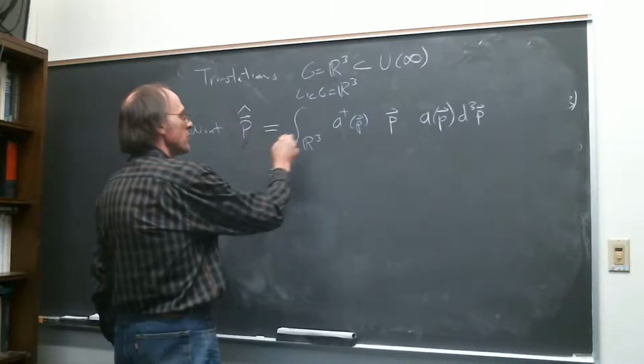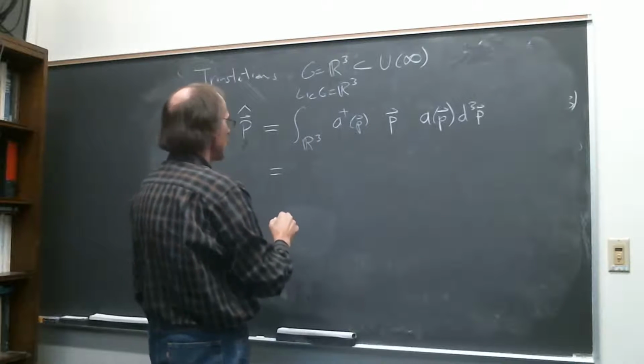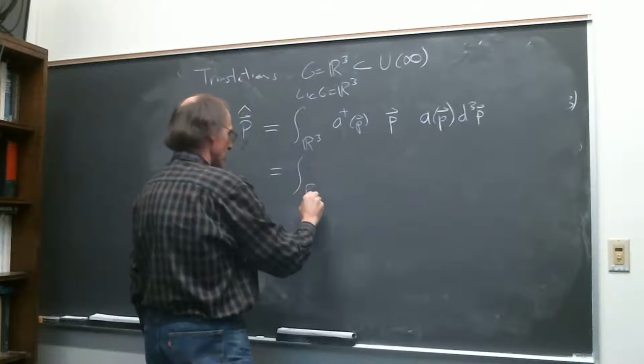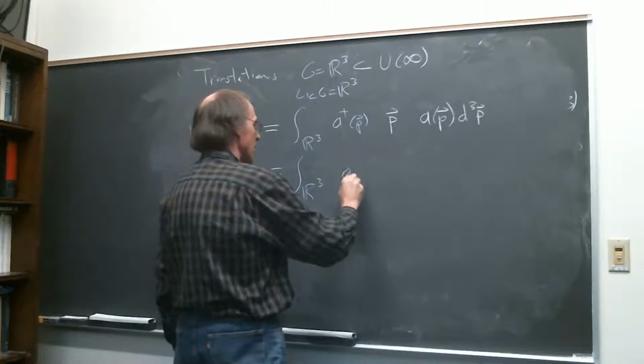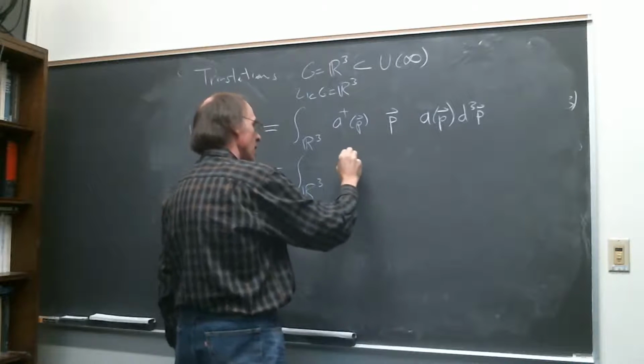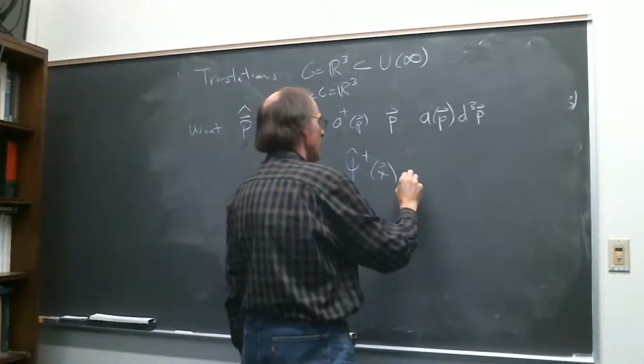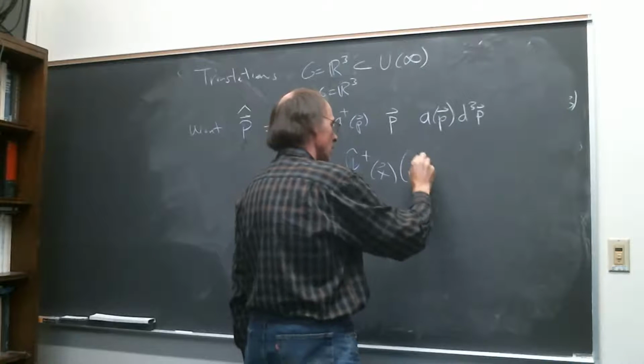Or if you Fourier transform this, it's going to be x vector, and then there's going to be a minus I.